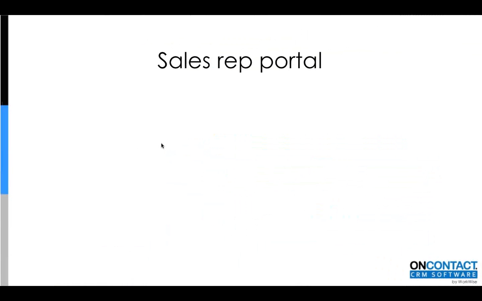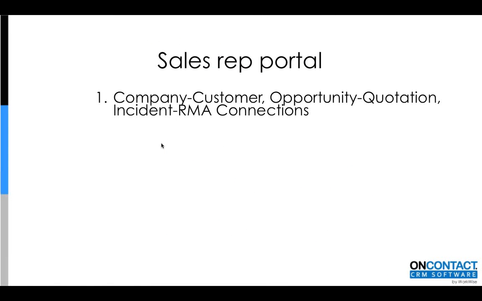So one other point for those of you who are on 9.5, when you upgrade to 9.7, you will have the ability to add the sales rep portal. And let me just stop for just a moment.